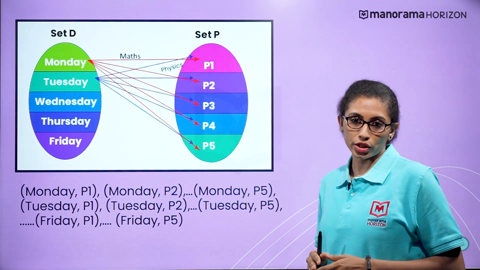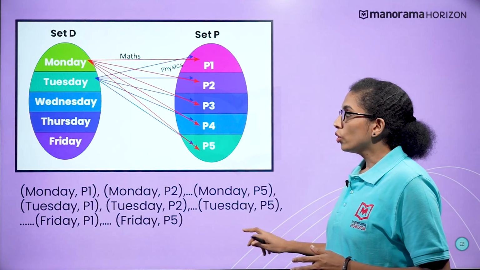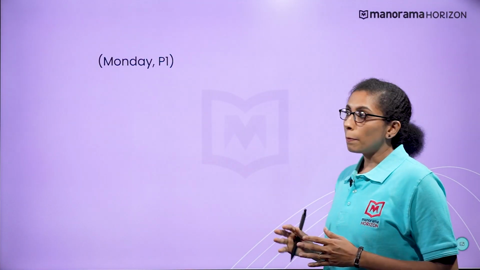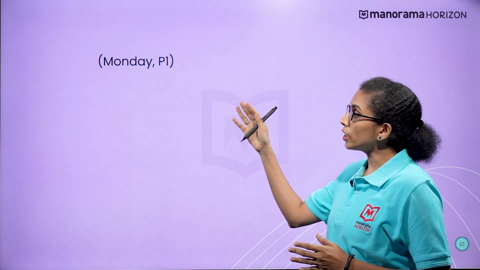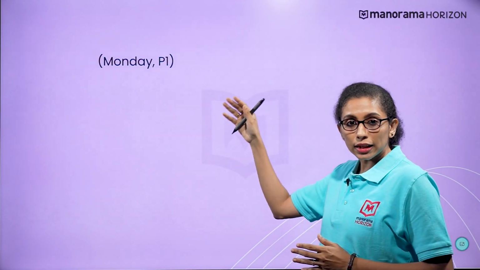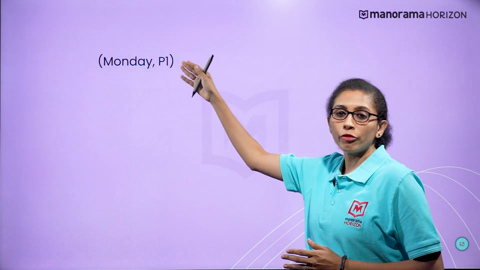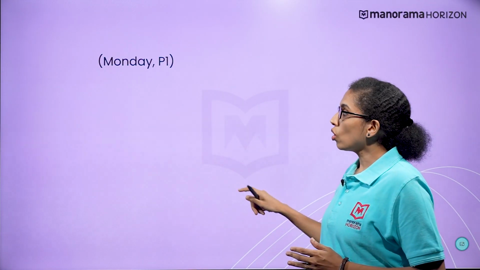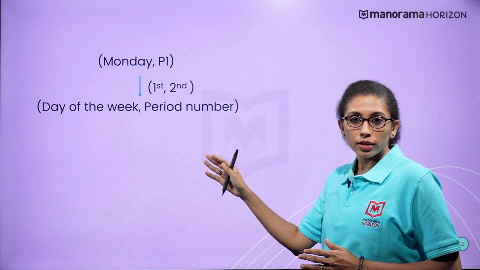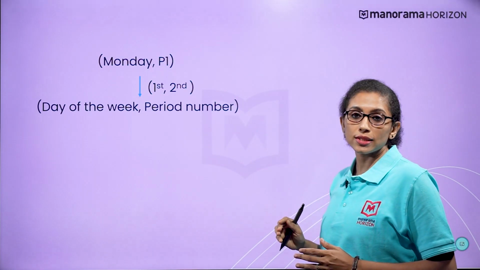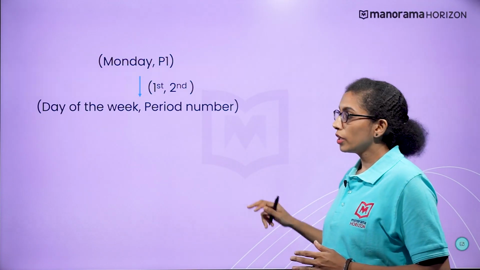particular day and time. Now, look closely, (Monday, P1) implies the subject to be followed in the class on Monday first period. So the first entry is the day of the week and the second entry is the period number.